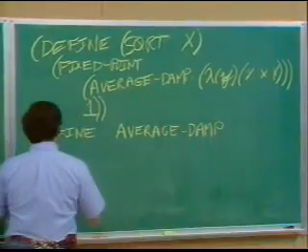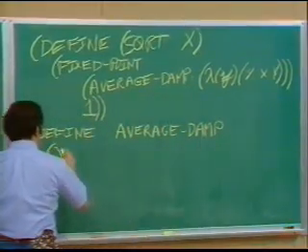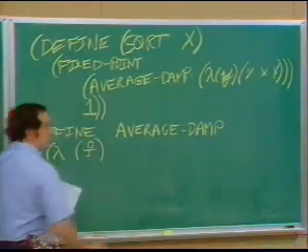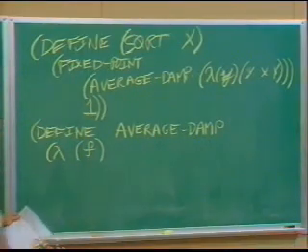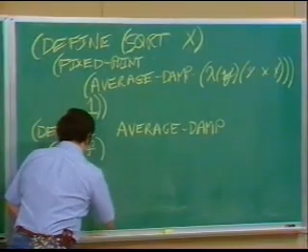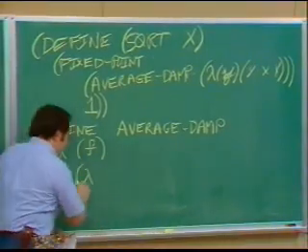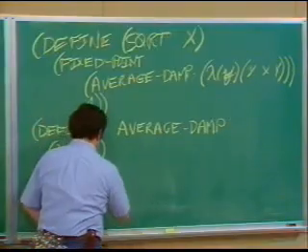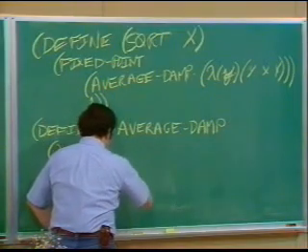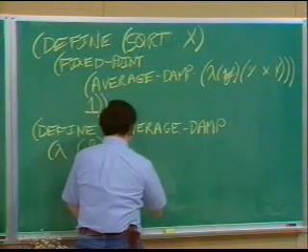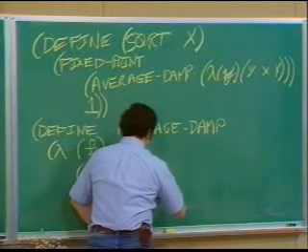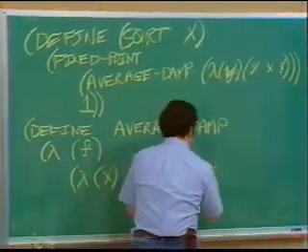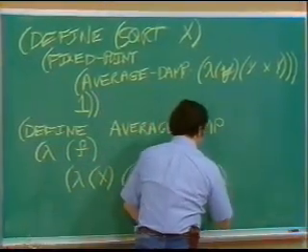Average damp is a procedure which takes a procedure as its argument, which we will call f. And what does it produce? The body of this procedure is a thing which produces a procedure, the constructor for procedures right here, of one argument x, which averages f of x with x.